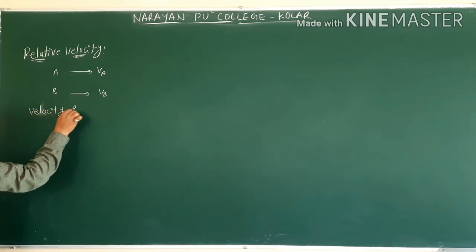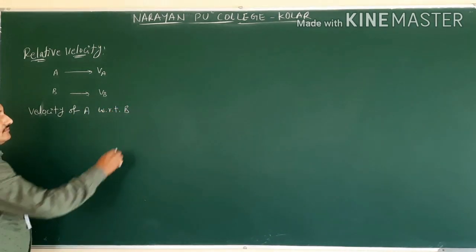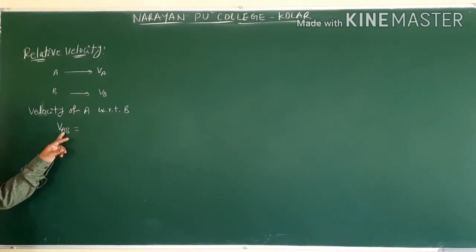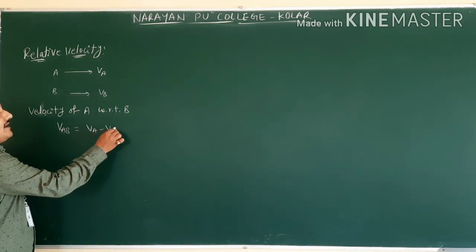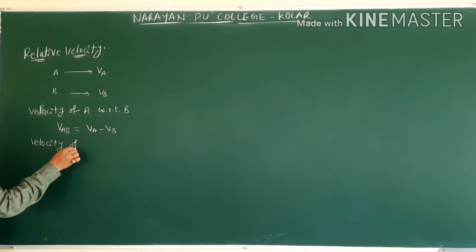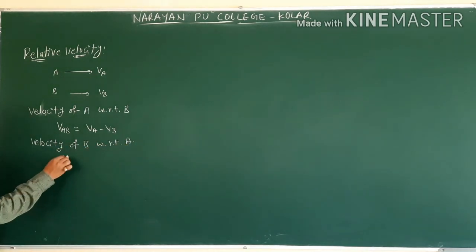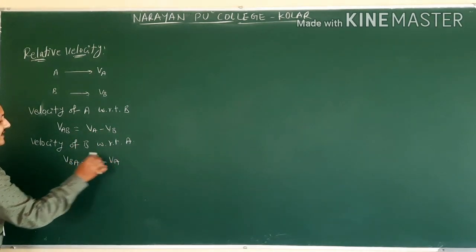So velocity of A with respect to B, that one we will write like this. VAB. VAB gives velocity of A with respect to B. How it is defined means VA minus VB. Next, velocity of B with respect to A. That is nothing but VBA is defined as VB minus VA.